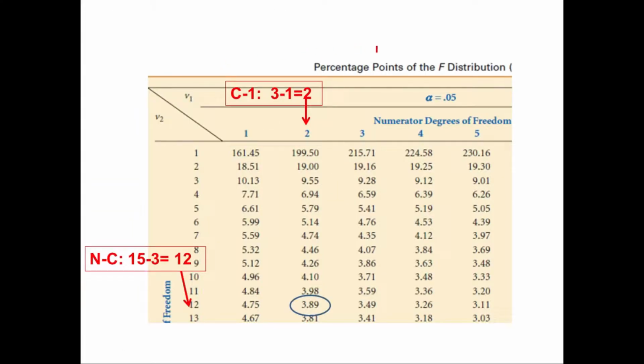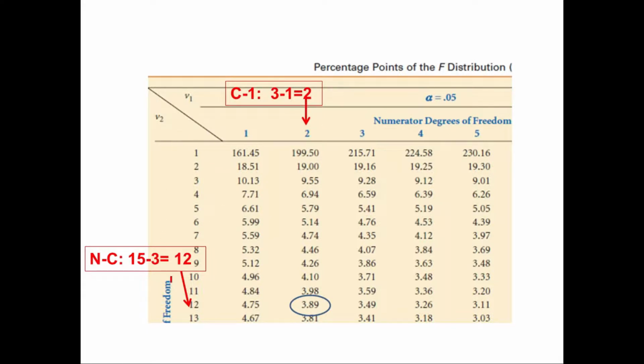So this is the F distribution table. How to read the critical value for F? We have two parts here. We call it the numerator degree of freedom. This one refers to the degree of freedom for SSA, which is C minus 1. In our example, we have three groups minus 1, 2. So we look at this column 2.